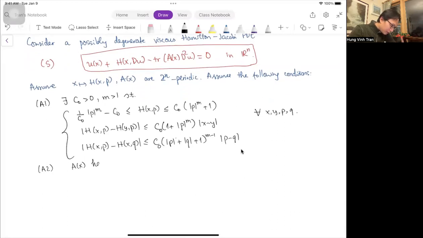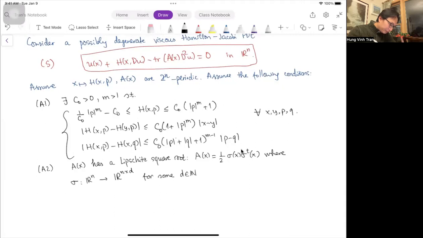A(x) has a Lipschitz square root, simply meaning that we can write A(x) equals 1/2 sigma(x) sigma transpose(x), where sigma is a mapping from R^n to matrices of size n times d, for some natural number d.